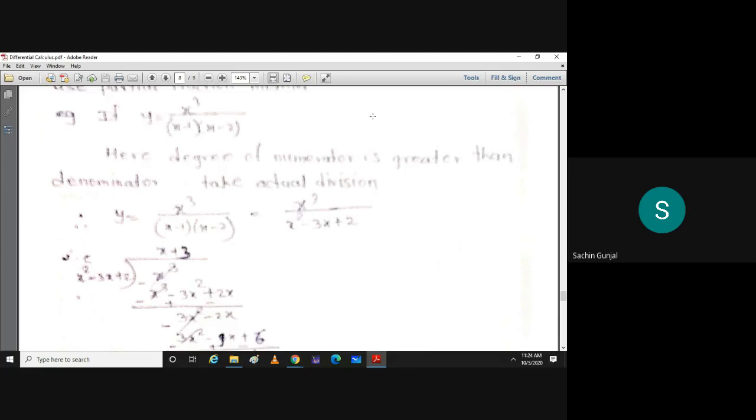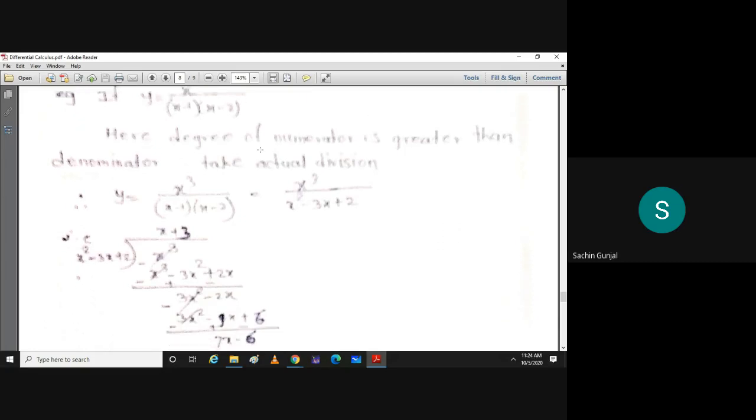So do actual division. What is the polynomial in the denominator? x square minus 3x plus 2. Do the division and then we'll continue.